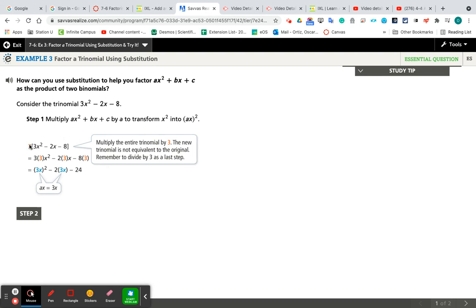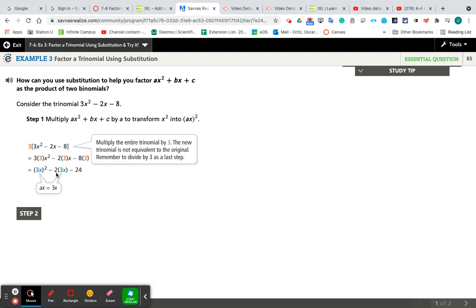We would like to have everything multiplied by itself. So what we do is we multiply by 3, and now we get something that we would love to have. But we've got to remember that we changed the original problem by multiplying by 3.